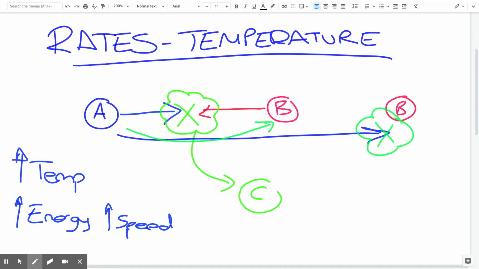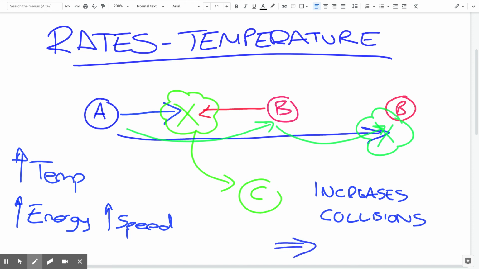So it could have collided with the particle B, not reacted, but then carried on, and within the same time frame as the previous experiment at a lower temperature, been able to collide with a second particle of B. What that does is increase, as we've done before, the number of potential collisions, and therefore, as a result, increases the probability of a rate being increased as well.